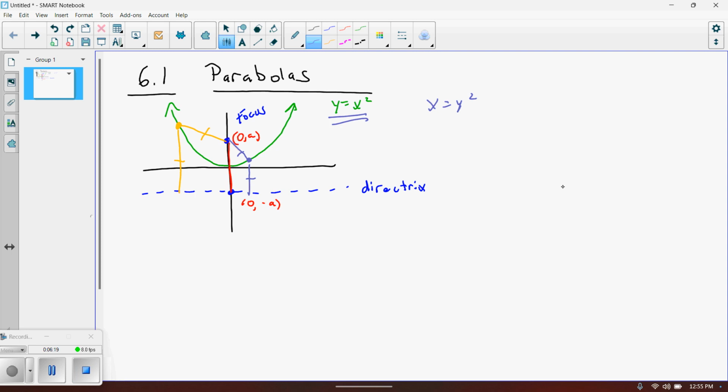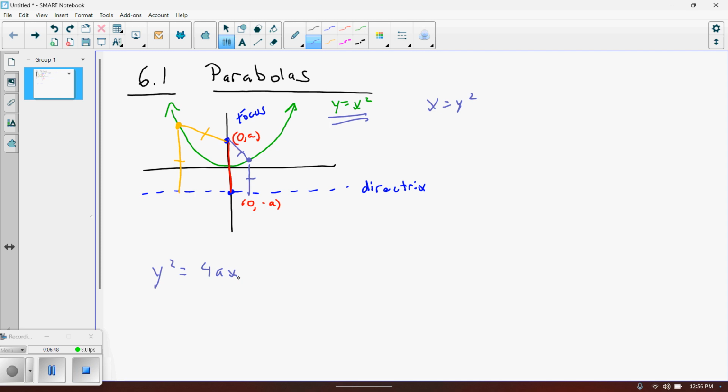The general form for a parabola which would open to the side would be y squared equals 4ax. And again, that specific equation is derived from using a distance formula from the focus or from the directrix. Technically, it doesn't really matter because it's going to be the same thing. So that's how you would actually get that.